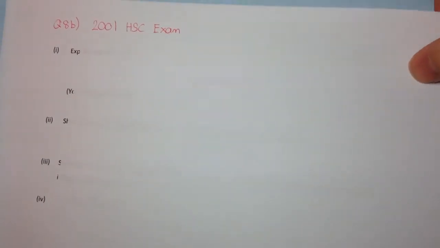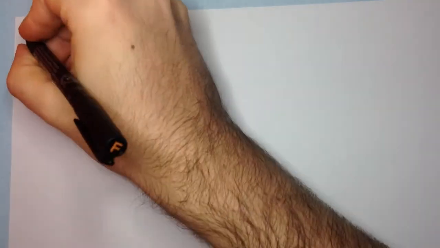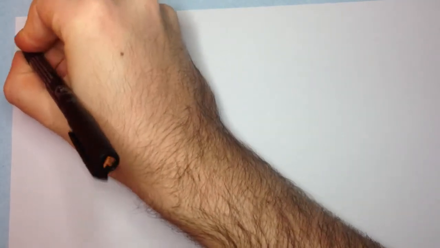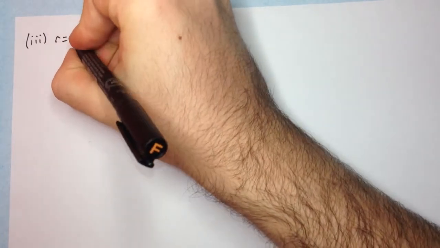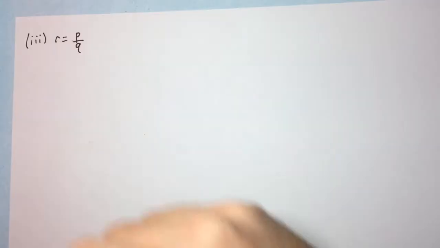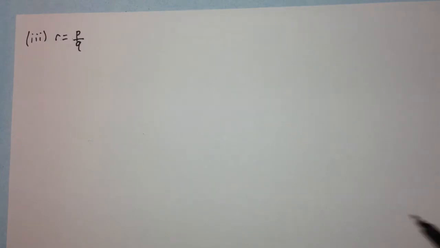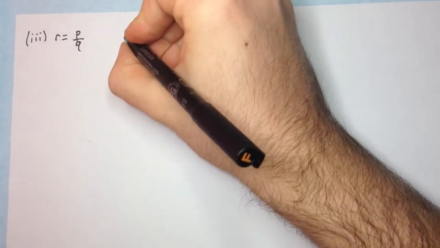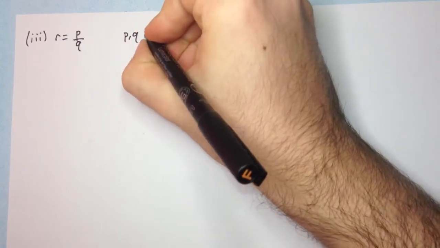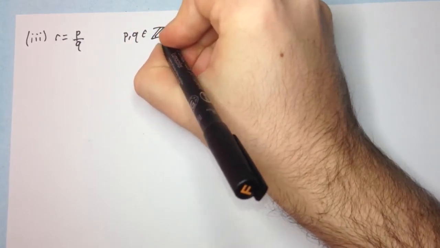Part 3. We have that r is a positive rational. If it's rational, it can be written in the form p over q, where p and q are integers, and it tells us that they're positive integers. So we know that p and q are positive integers.